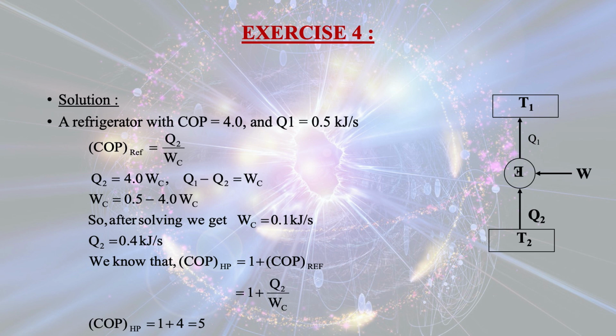So from this expression we get WC is equal to 0.1 kilojoule per second. So Q2 is equal to 0.4 kilojoule per second. We know that COP of a heat pump is equal to 1 plus COP of refrigerator. So 1 plus Q2 by WC, that comes out to be 5. So COP of heat pump is equal to 1 plus 4 is equal to 5.